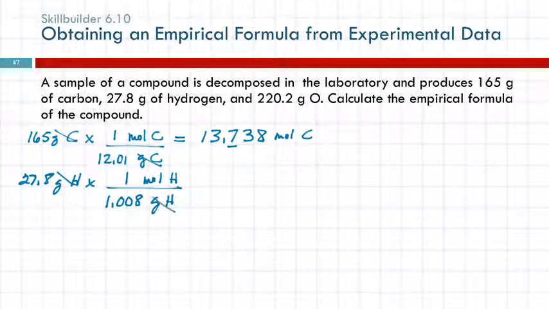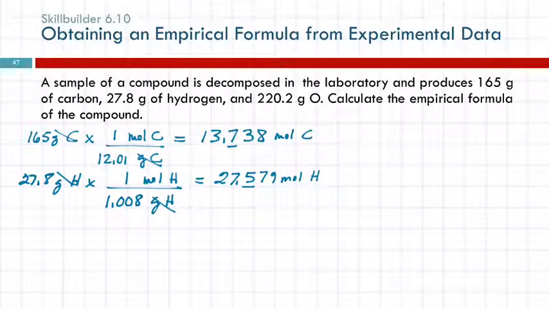And so those units cancel out. 27.8 divided by 1.008 equals 27 point, this should also have 3 sig figs, so we don't want to round further than that. I'm going to carry 2 extra digits, that many moles of hydrogen.